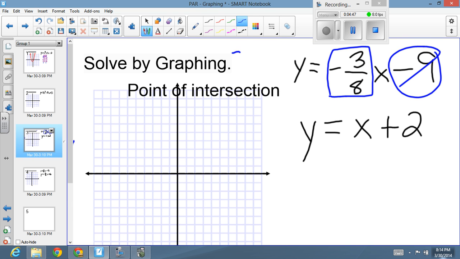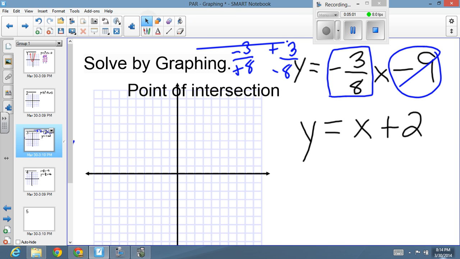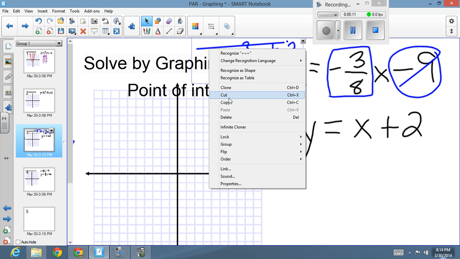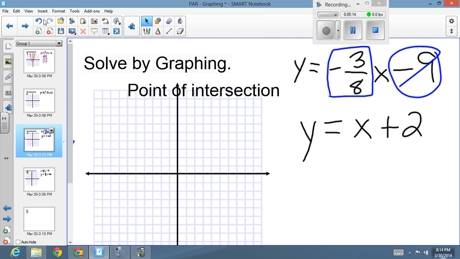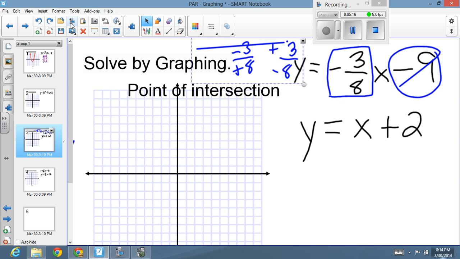Now remember, -3/8 is either -3 over +8, or you can think of it as +3 over -8. Okay? Man, this thing is going bonkers on me. Alright, well, you get the point. I'm going to leave it there because it's not being nice to me.